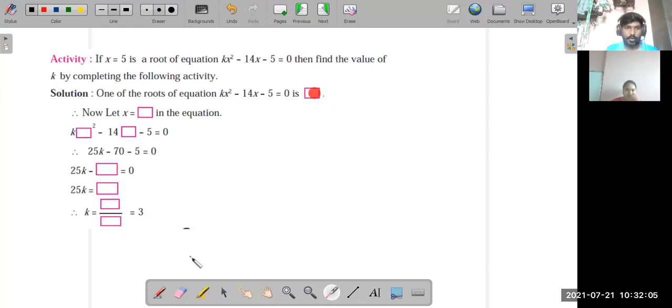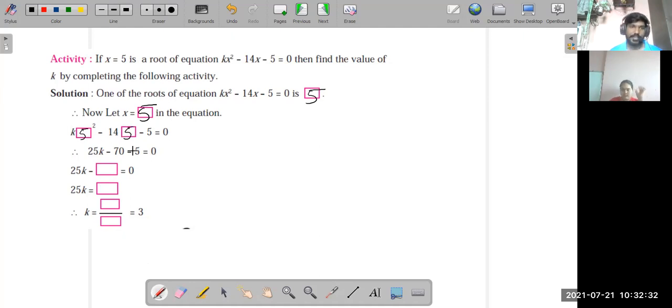Yes. So in this box, you'll write 5. And here also, now let x is equal to 5 in this equation. So that means you have to substitute x as 5. Now in this box here, k into box squared, what will you put here? 5. Yes. So put 5 here, minus 14 into, again there's a box, there also 5.